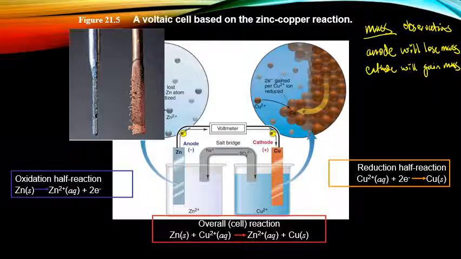There are some instances where if I don't have a solid as part of the reaction, we can use something that we call an inert electrode, such as graphite or platinum, a non-reactive substance that will allow the electrons to flow through easily. So they're good conductors, but they're not going to take part in the reaction overall.